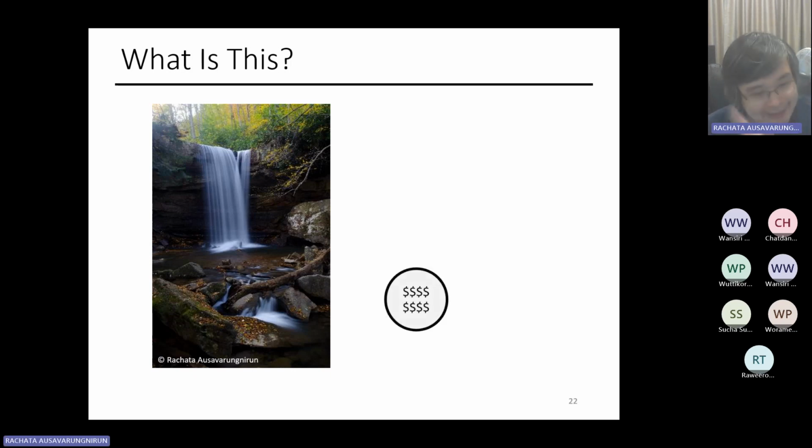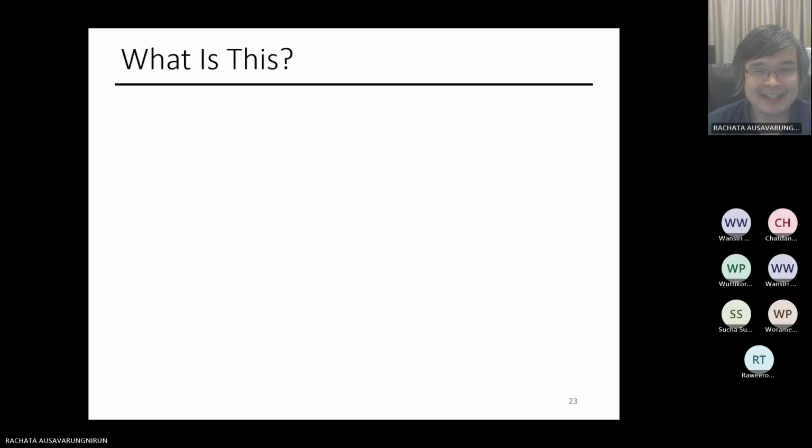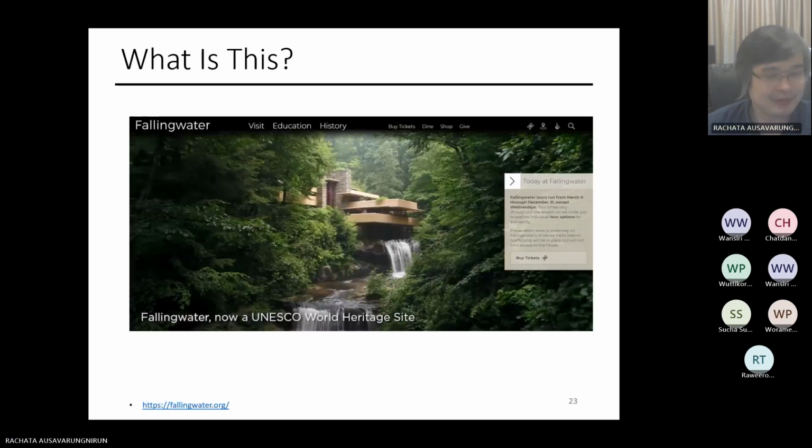But in the same area, there's this building that is owned by a rich family. So let's say I have a lot of money and say, hey, I want to build a house on the waterfall. And I take the idea to an architect. And this is what you get.